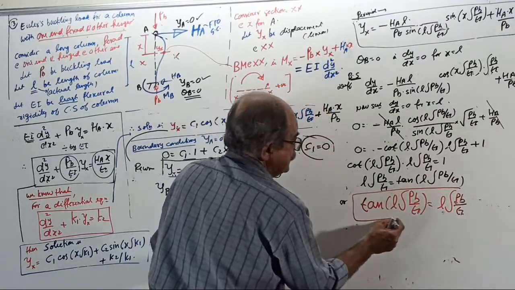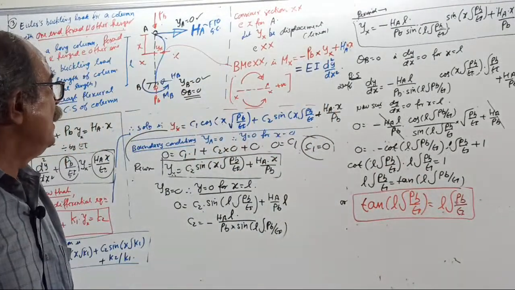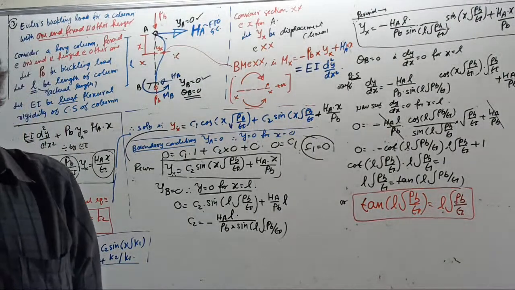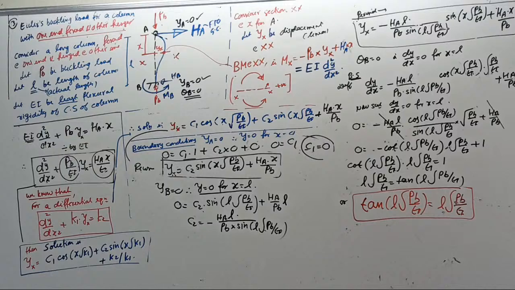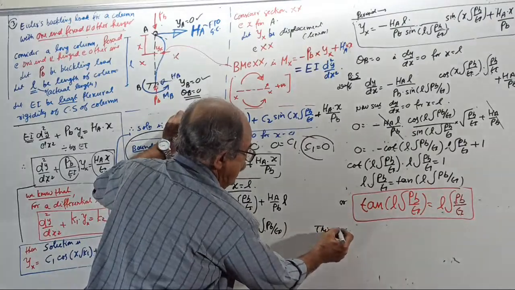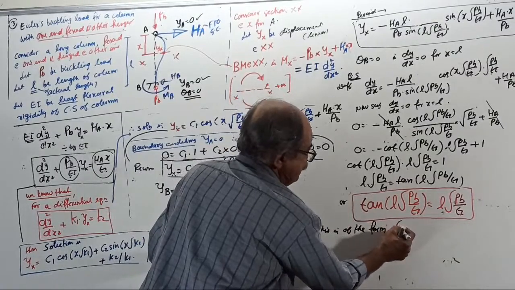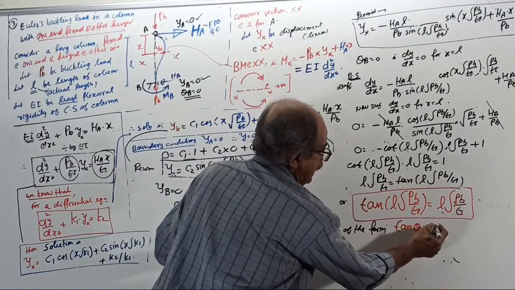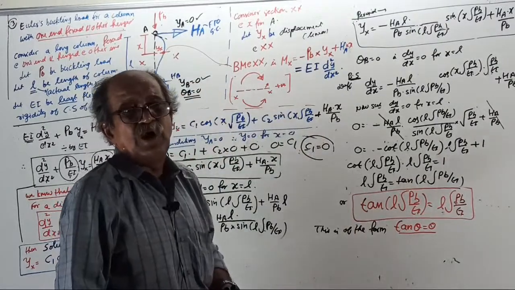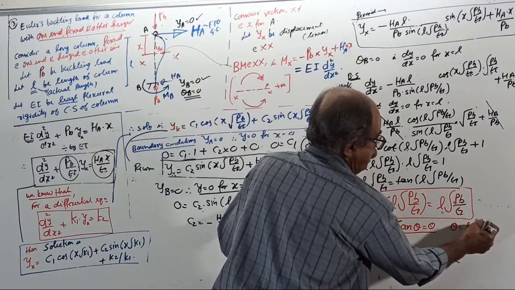Fully clear? This is the complication of this case. You get tan of L root PB by EI equal to L root PB by EI. Full correct now? Okay, now this is of the form of a special mathematical function: tan theta equal to theta, where theta equal to L root PB by EI.